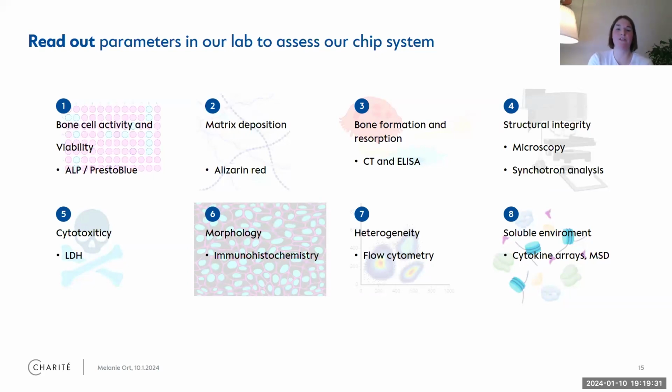We check for the structural integrity with microscopy and synchrotron analysis. This is like super high resolution X-ray, in a simplified way, but it's really cool. You actually get to work with a particle accelerator, not in CERN, but in Grenoble. So it's really nice, and you can get good images. I will show some pictures later.